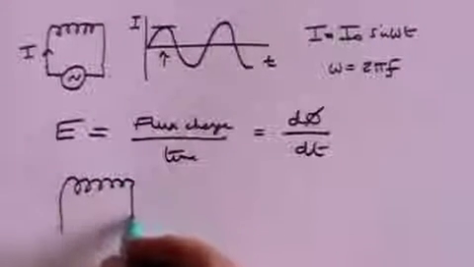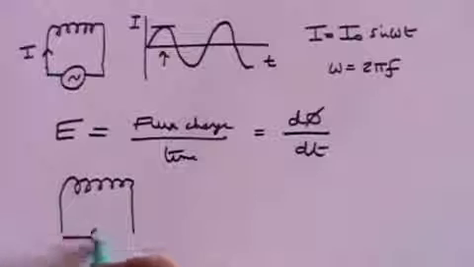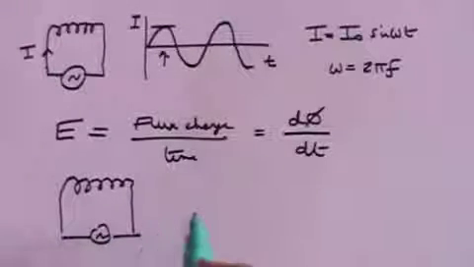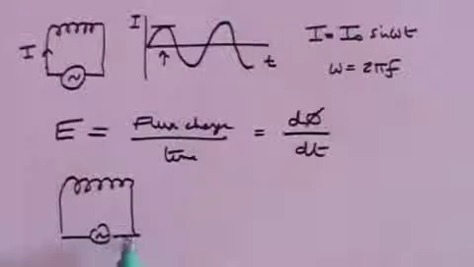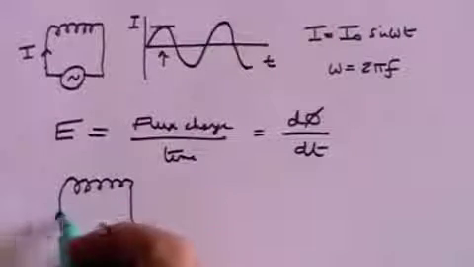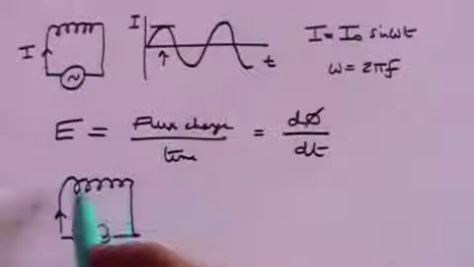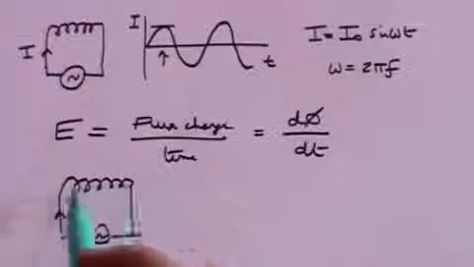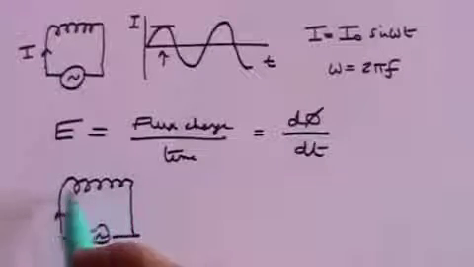So if you have this arrangement here, where you have your solenoid or your coil of wire, with an alternating voltage which produces an alternating current, then you will get a variation in the magnetic field.